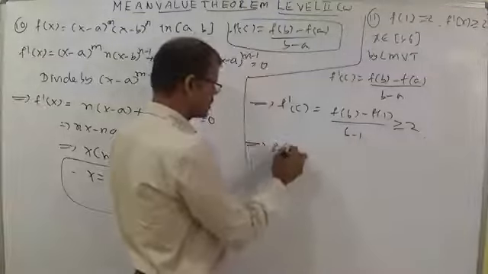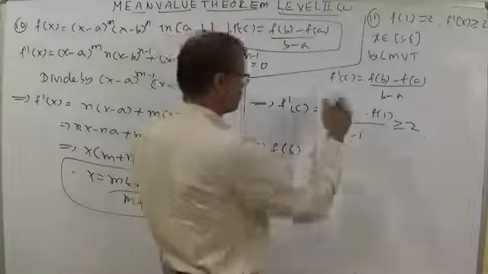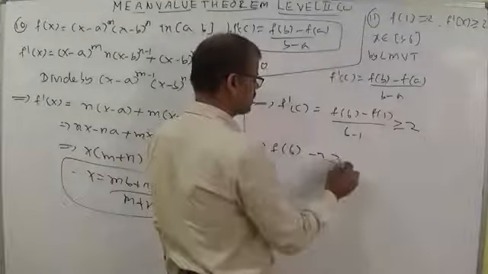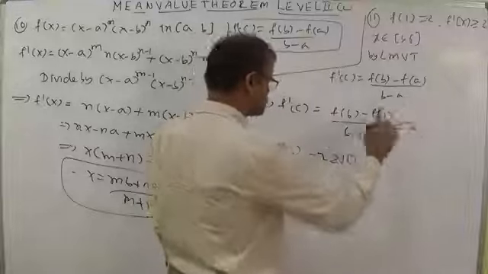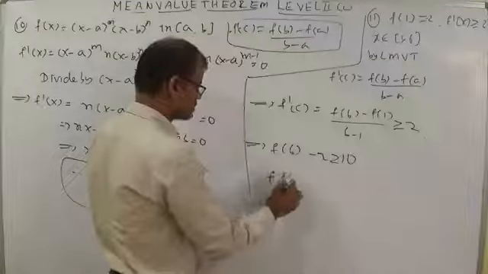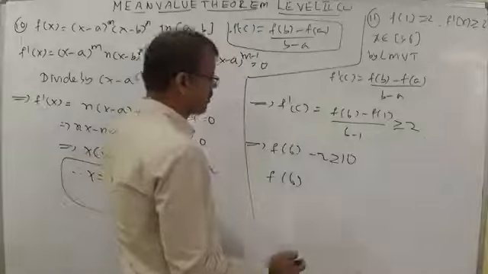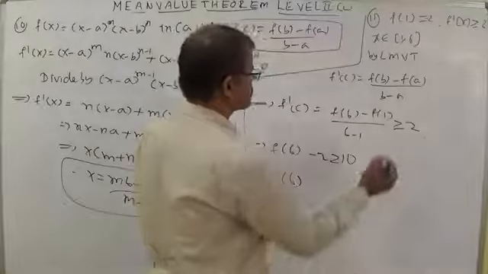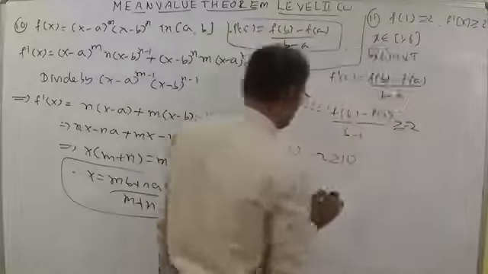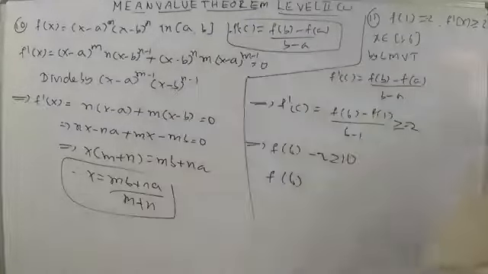That implies f(6) - f(1) ≥ 10, because 6 - 1 is 5, 5 times 2 is 10. Now you can say that taking this to the other side, -2 is given, students, so f(6) ≥ -10. It is -10.